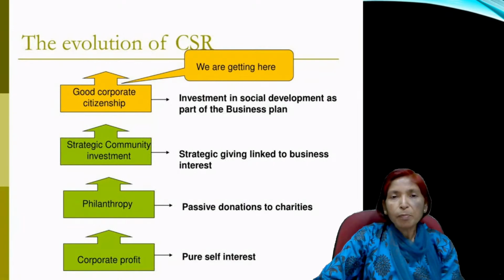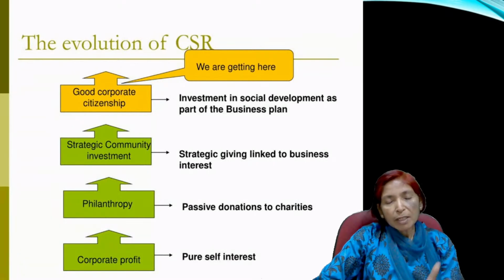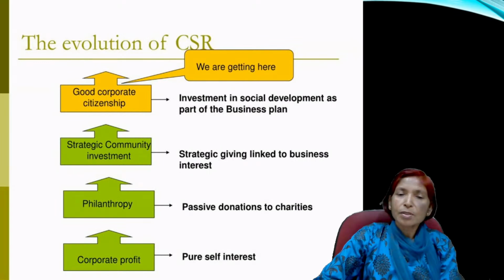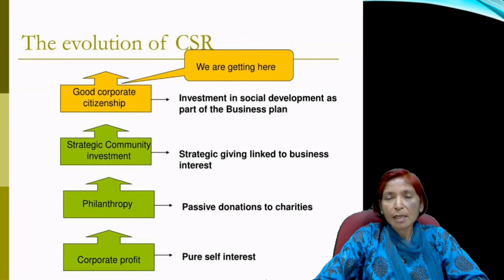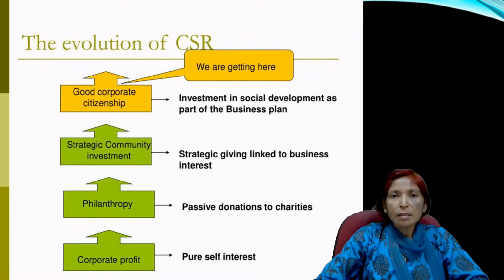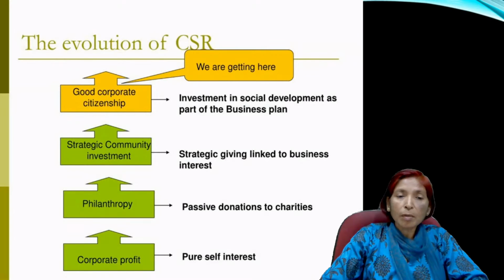They must play an important role for the betterment of the whole country's people or whole society. So the evolution of the CSR concept is based on these four things: good corporate citizenship, strategic community investment, philanthropy, and corporate profit.